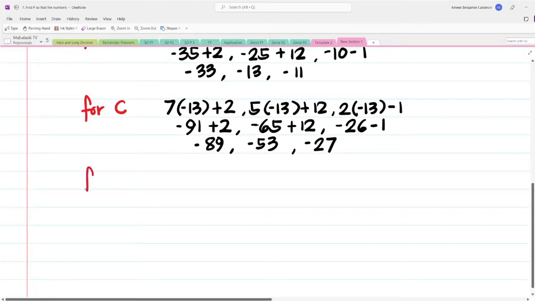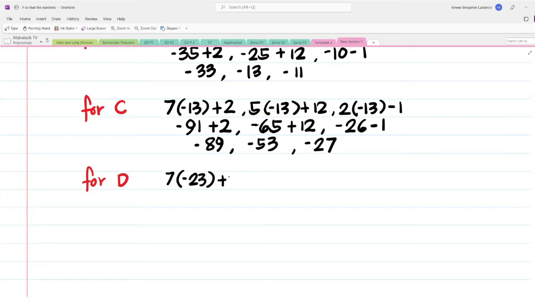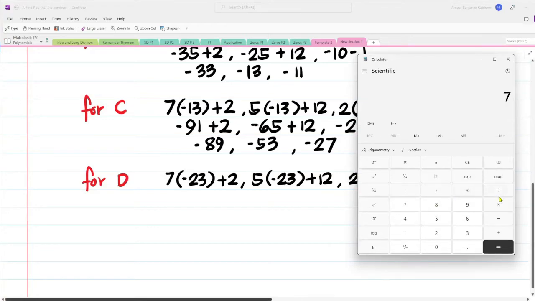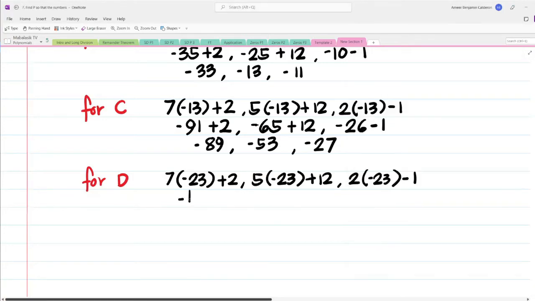So, for D. So, we have here 7 times negative 23 plus 2, 5 times negative 23 plus 12, and 2 times negative 23 minus 1. 7 times 23, negative 161 plus 2.